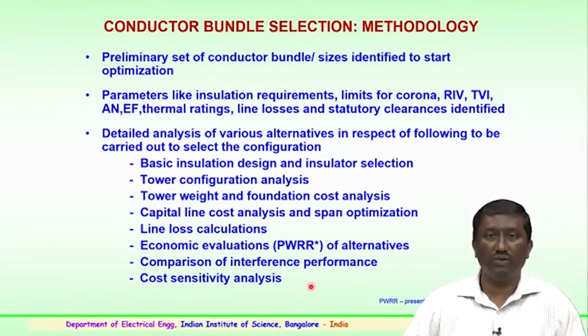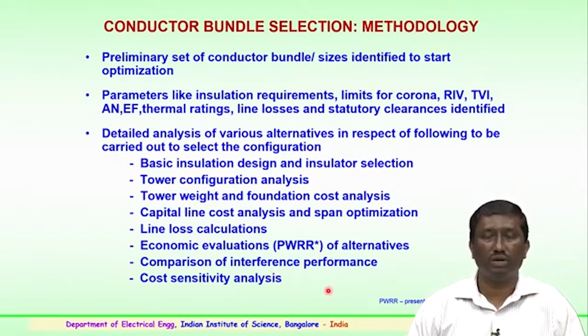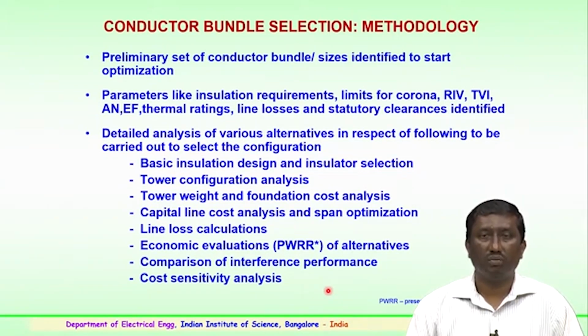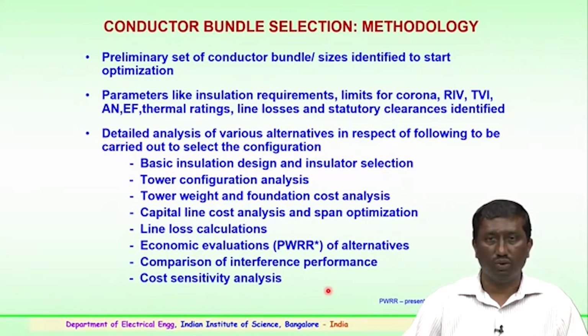Then a comparison of interference performance has to be made, and the cost sensitivity analysis. So, these are the important parameters or points to be taken into consideration while selecting any conductor bundle for suitable voltage levels.